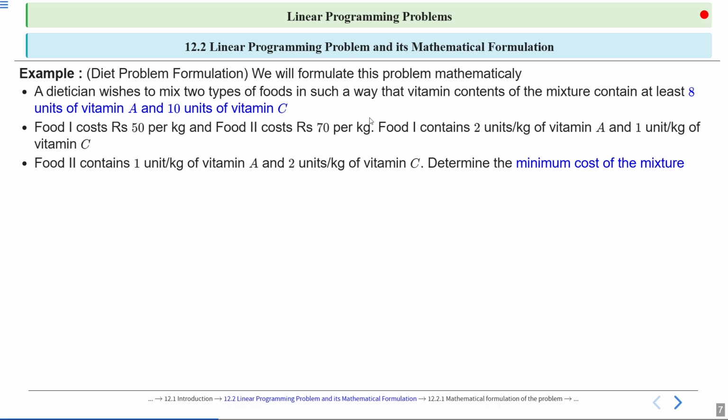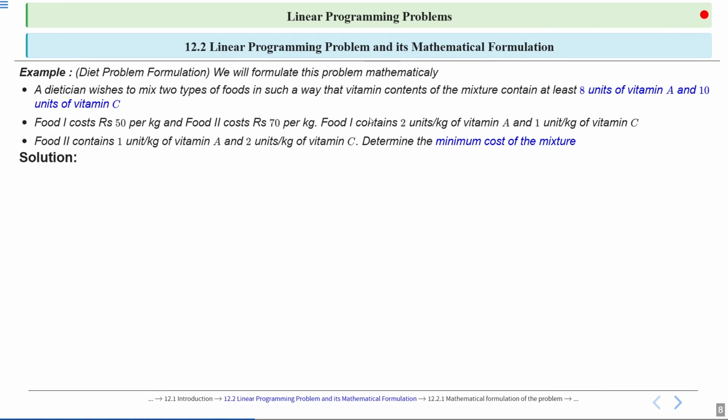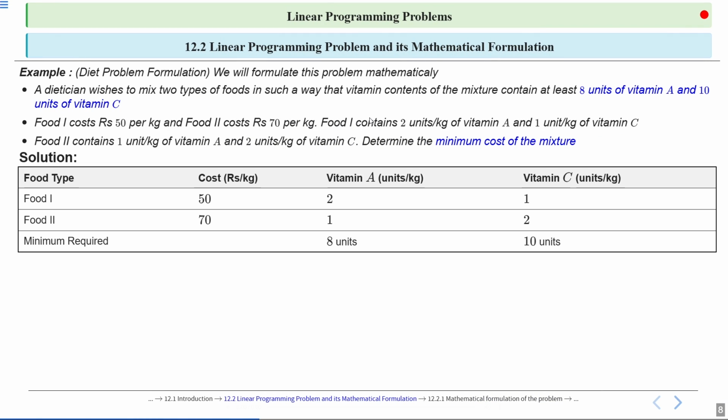The mixture must have at least 8 units of vitamin A and 10 units of vitamin C. The goal is to find the minimum cost of the mixture. Let x be the kg of food 1 and y be the kg of food 2. Now let's start the solution.